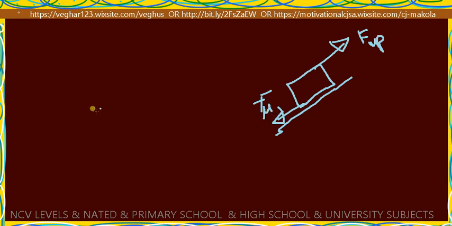Like this. So now I'm trying to compare the friction force and the applied force so that we are able to identify which one is which when you want to find these forces.